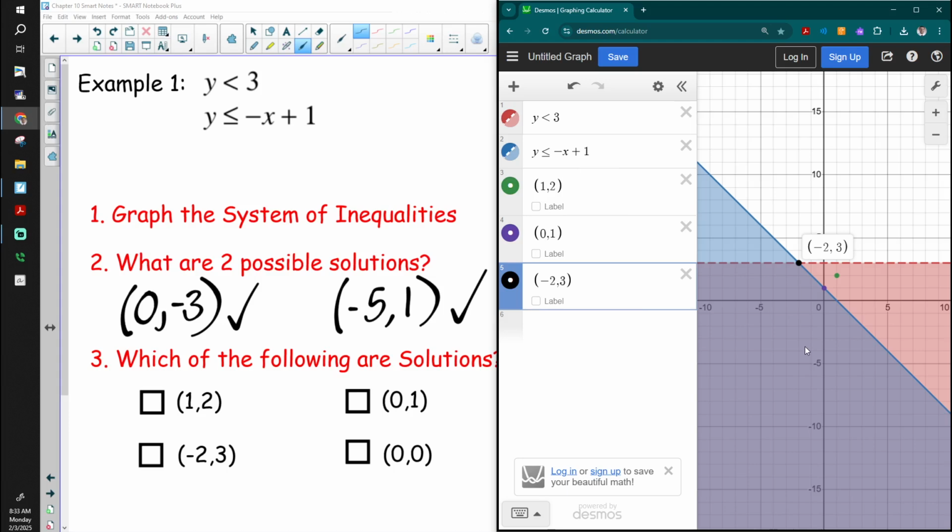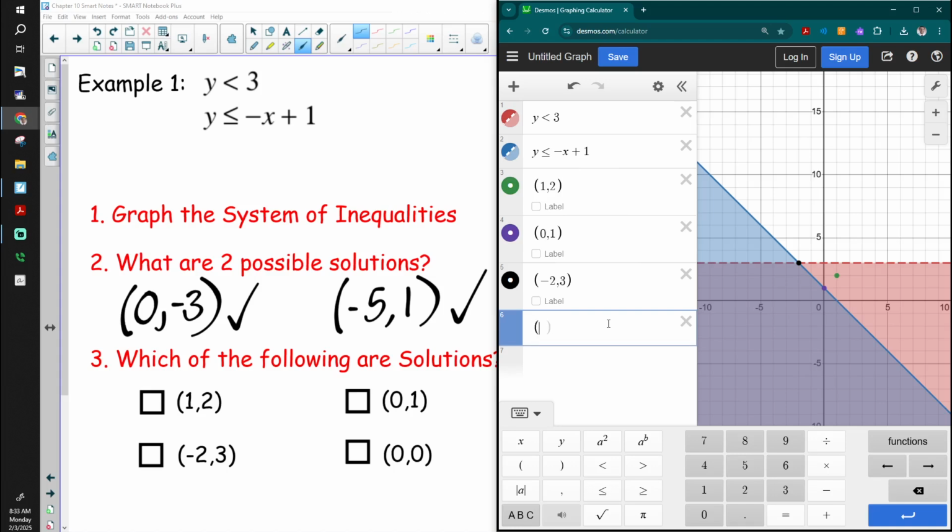Is this on the red line, that red dotted line? Does being on a dotted line count as being on the red? This counts as being on blue, but this does not count as touching red because it's on a dotted red line. Dotted, you fall through the cracks and you die. Not a solution.